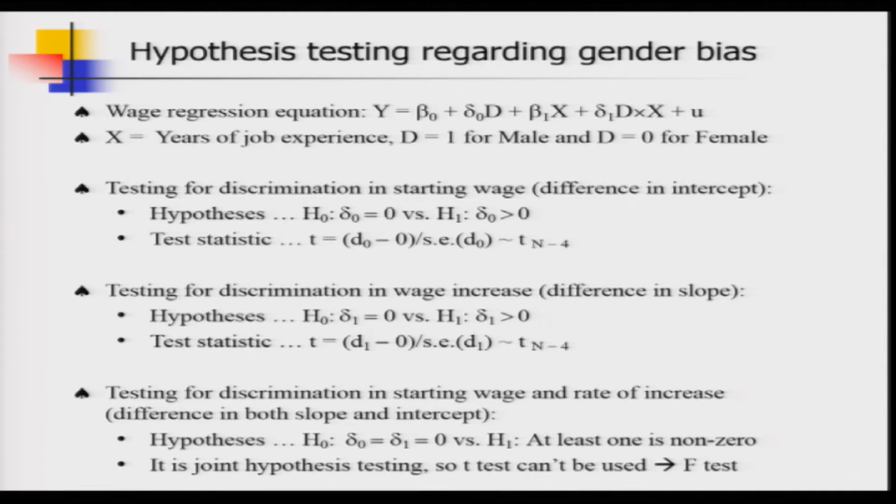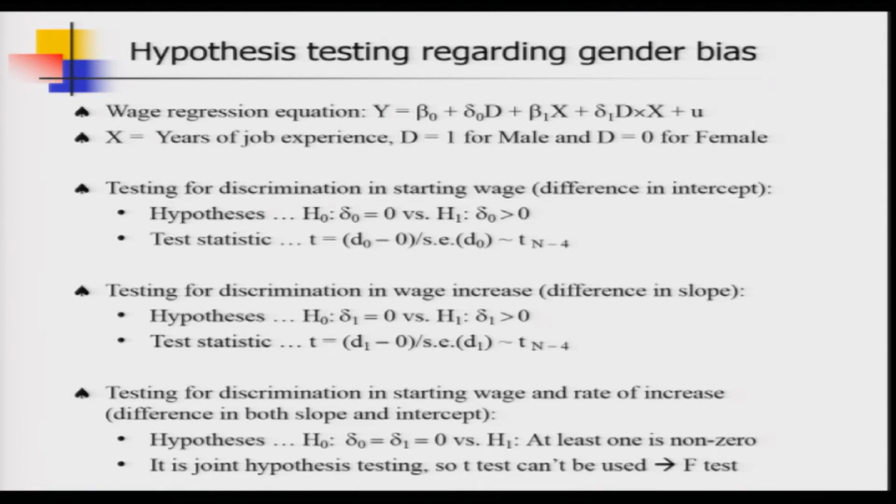Okay. So, how to set your hypothesis? You set your null hypothesis as delta naught equals 0, and you challenge that by placing an alternative hypothesis which says that delta naught is actually positive. Note that here I am going for a one tail test, not a two tail test.